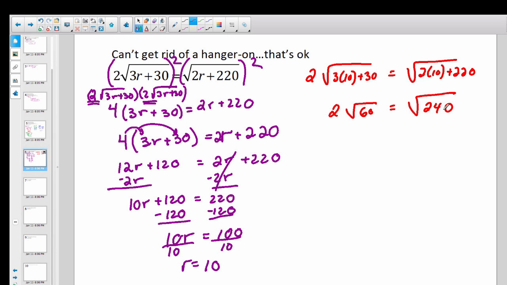Now, again, use your calculator if you'd like. But maybe you see that this is good house, bad house on a 240, and if you simplified that radical, you would get 2 radical 60. But if you'd like, you can always go to the calculator later and just confirm the decimal equivalents, but you can definitely see here that they're the same. Okay, so we like this. r equals 10 is a good answer.